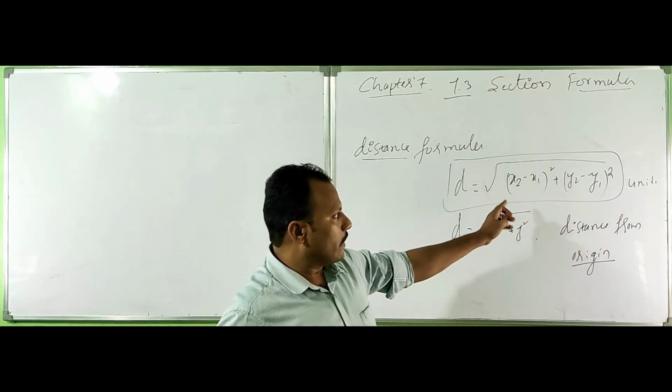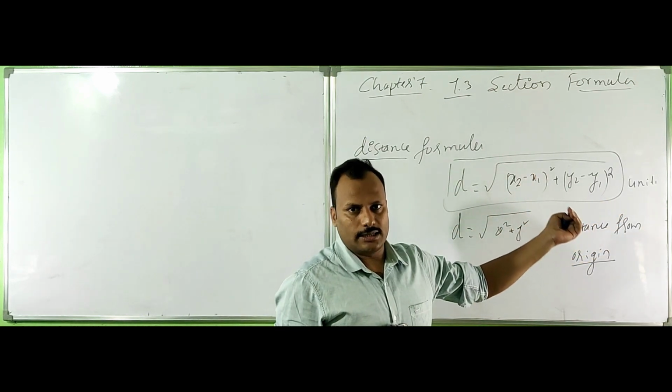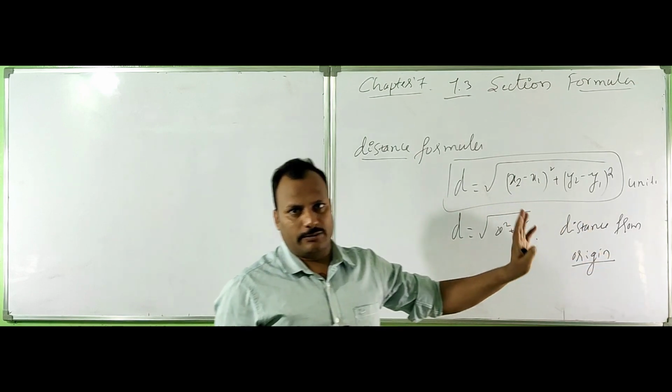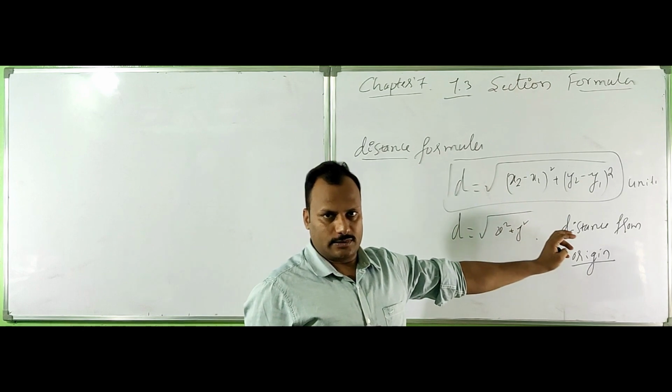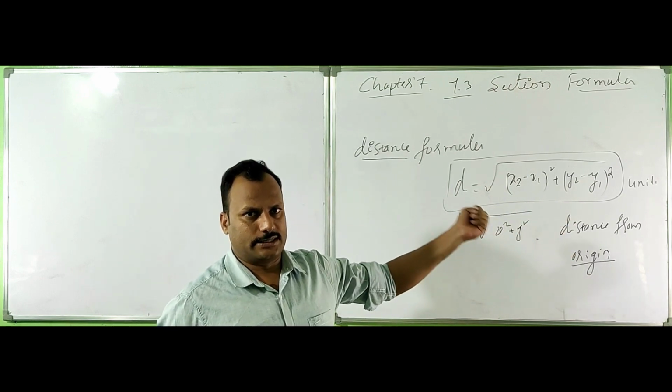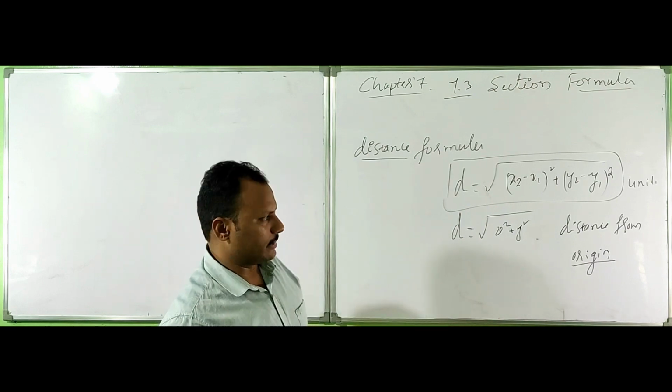We can take here also y1 minus y2 because they have the square. Any negative becomes positive. So you have complete liberty to take the difference of the two given data points, the coordinates, right?